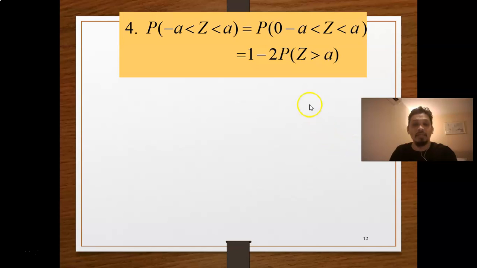Okay, so now from negative A to A. Just imagine that this is the middle, mean equal to 0.